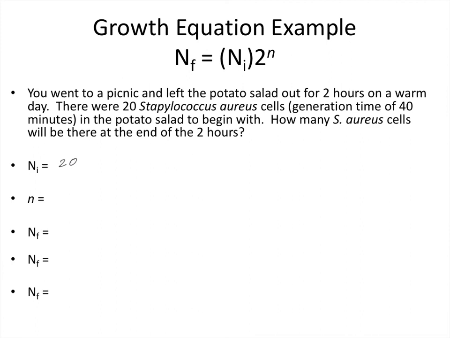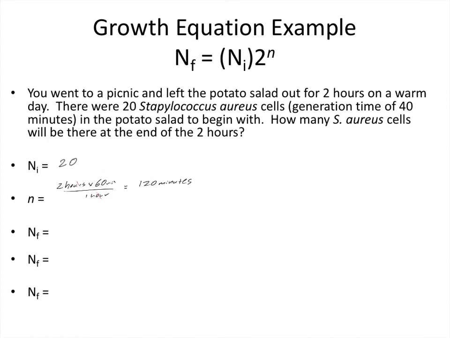And next, we'll figure out little n. Little n equals the time of growth in minutes divided by the generation time. So first we want to figure out the time of growth in minutes. That would be 2 hours times 60 minutes per hour. That lets us cancel out hours and gives us 120 minutes.